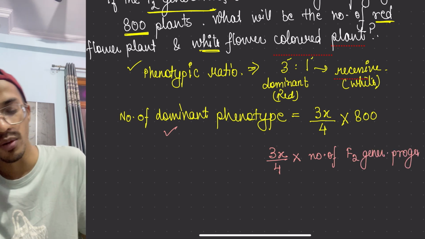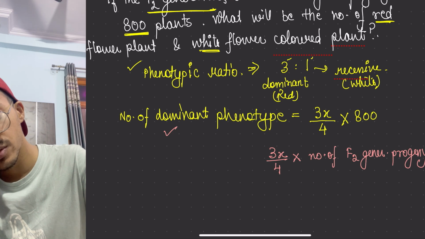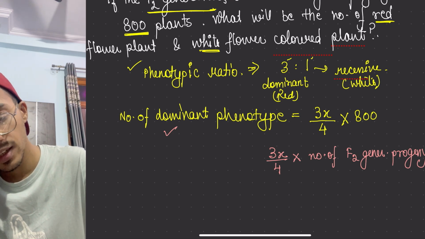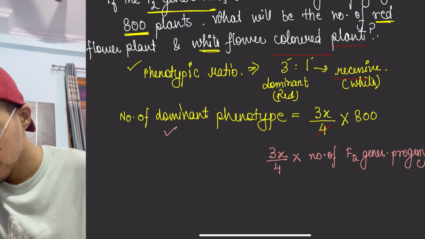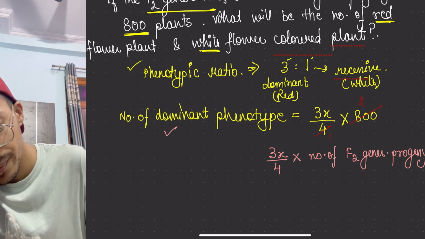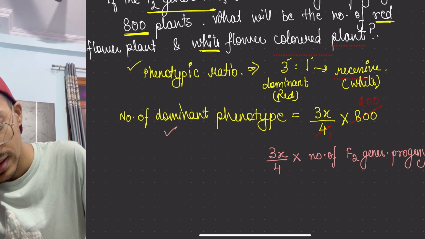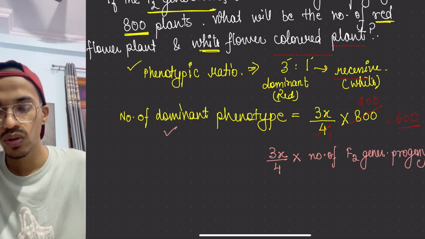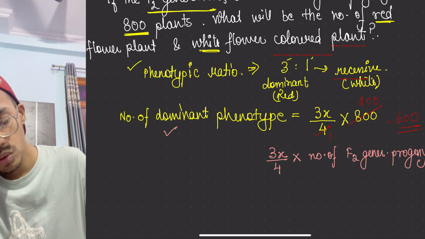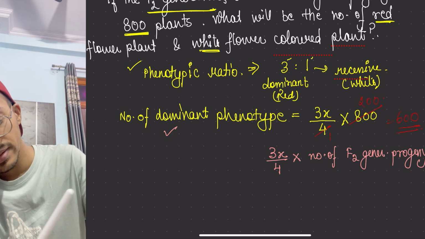So this is the formula. Let's try to solve it. When we solve this formula, this and this cancel with 1 and 200. This will be 3 into 200, that is 600. So 600 would be the value here.